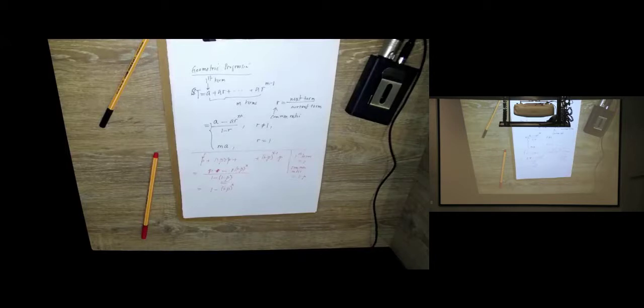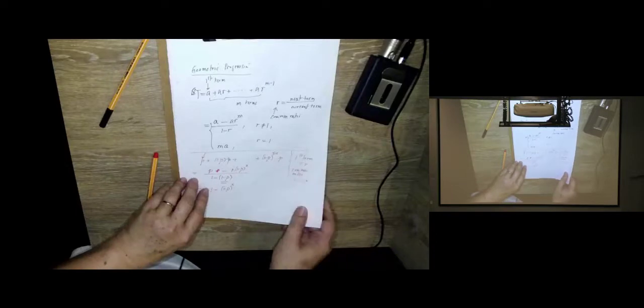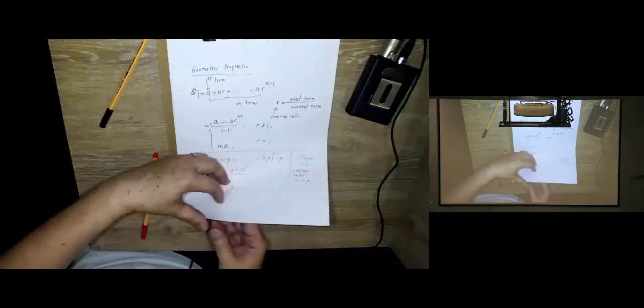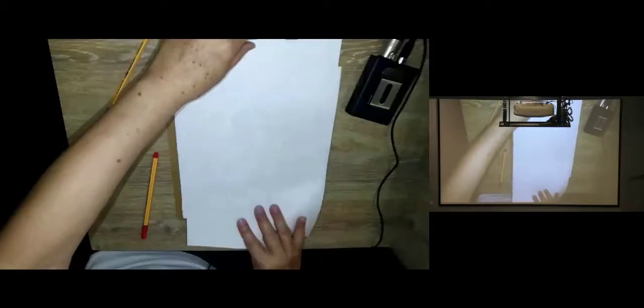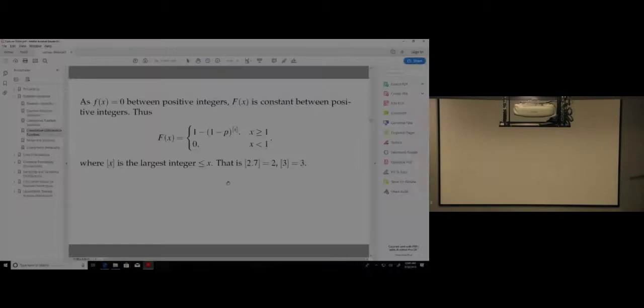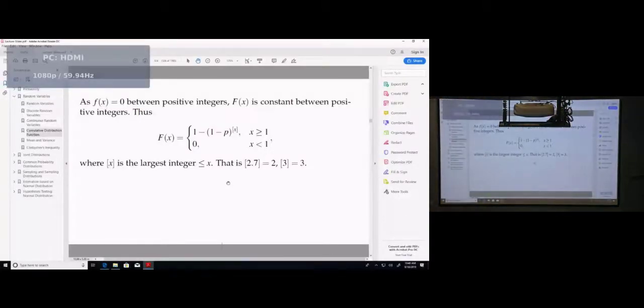Okay, so this is just summarizing what this is. And then maybe I wanted to plot this to give you an example. Okay, so I'm plotting this.